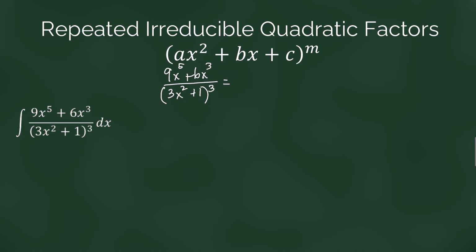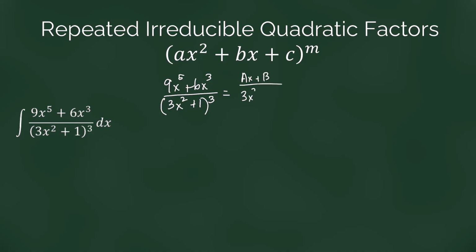So we're going to have something of the form ax plus b over 3x squared plus 1 to the first power. Then cx plus d over 3x squared plus 1 to the second power. And then ex plus f over 3x squared plus 1 to the third power.